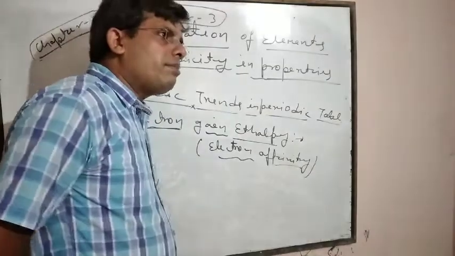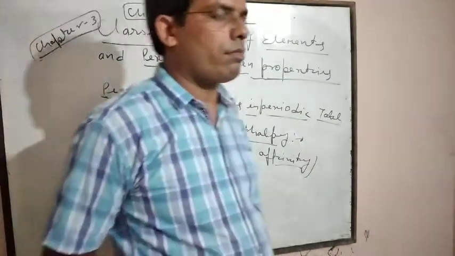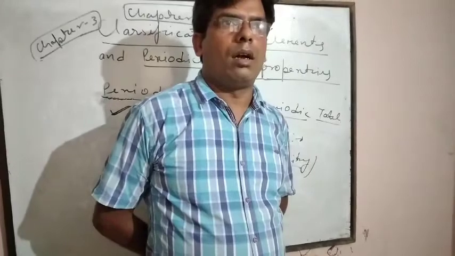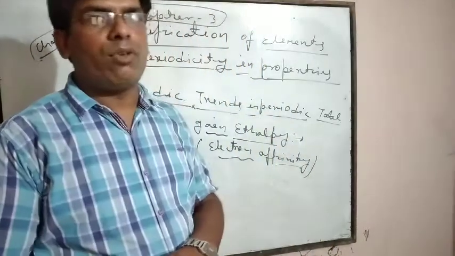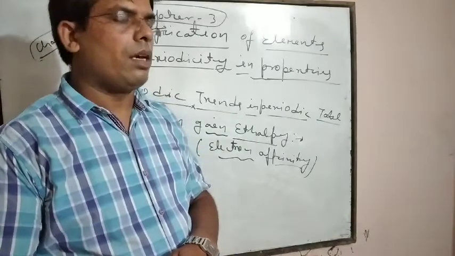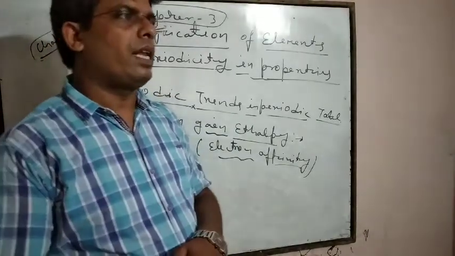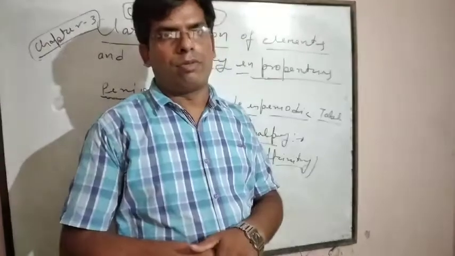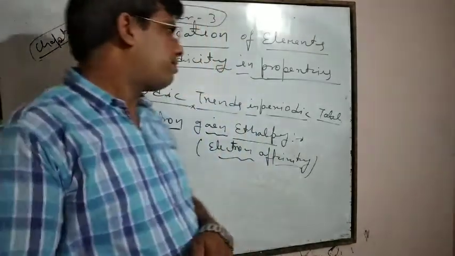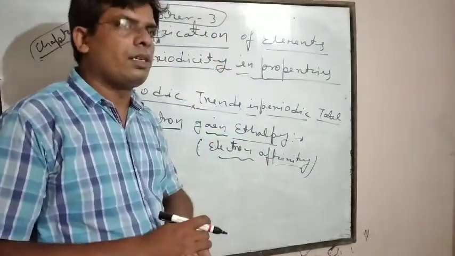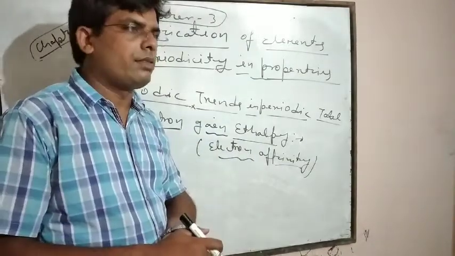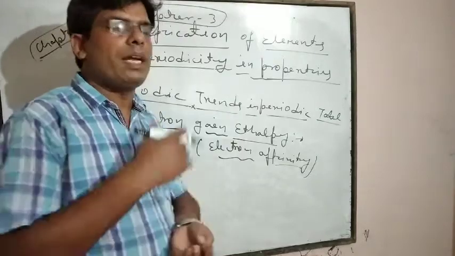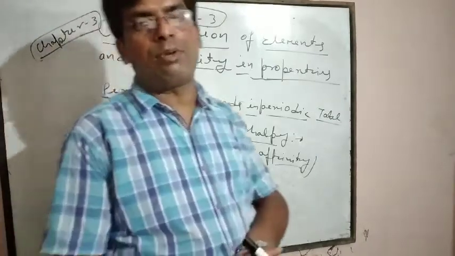When any atom gains an electron, the value of electron gain enthalpy is negative. That's why we can say that while moving from left to right in a period, the negative value of electron gain enthalpy increases because size is decreasing.